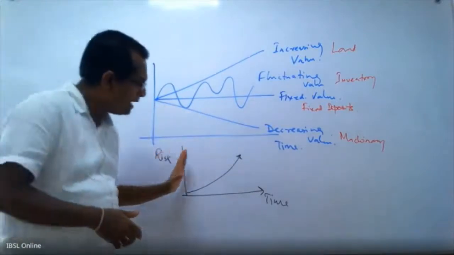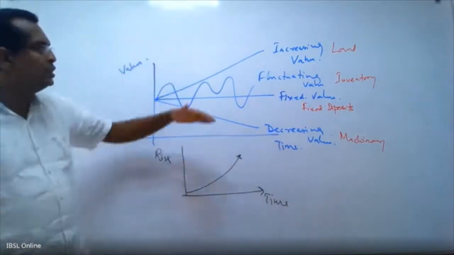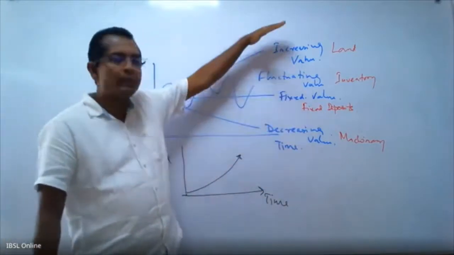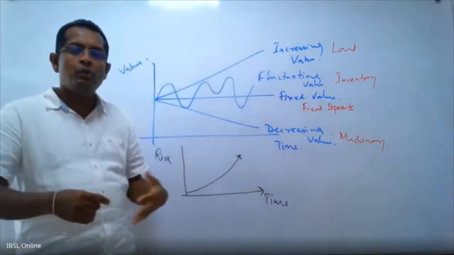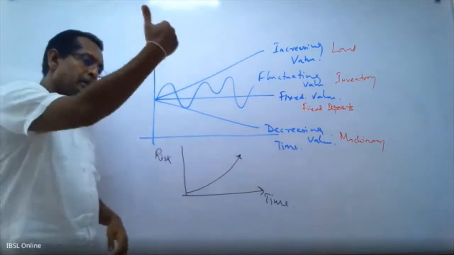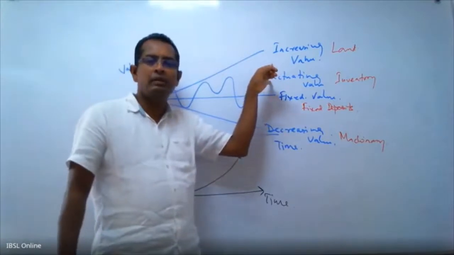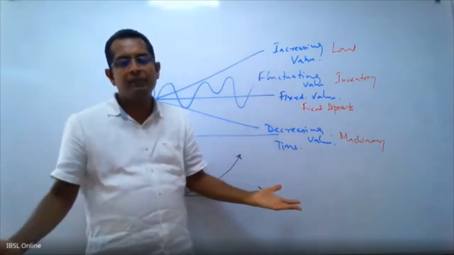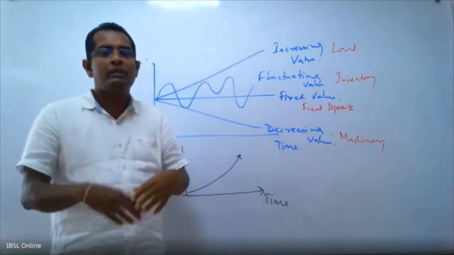But based on the risk you have with your facility, you should decide which kind of security you are asking for. You normally don't give term loans against fluctuating value security, because it can fluctuate, it can come down, or it can perish.